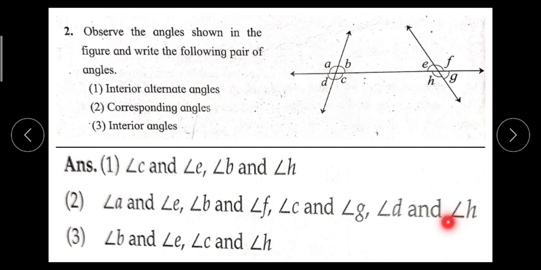Then question 3, interior angles. So your interior angles are angle C and angle H, angle B and angle E. I repeat, angle C and angle H, angle B and angle E. So students, here we have completed our practice set 2.1.